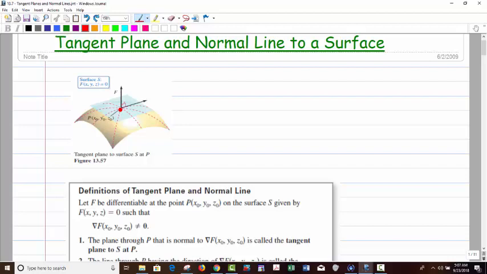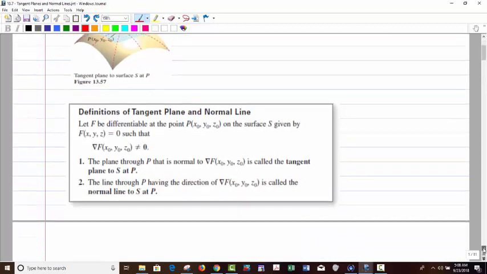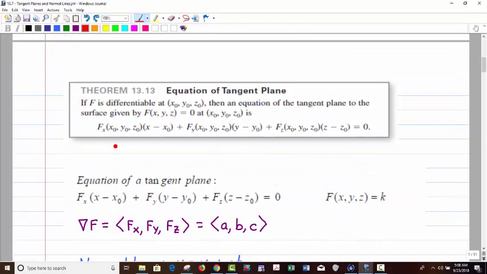In the sections on directional derivatives and gradients, we learned that the gradient, which is a vector, is the normal vector at a particular point. So if it's a normal vector at a point, it'll be a normal vector to that plane. So that's what these coefficients now are. They represent the values of the gradient.